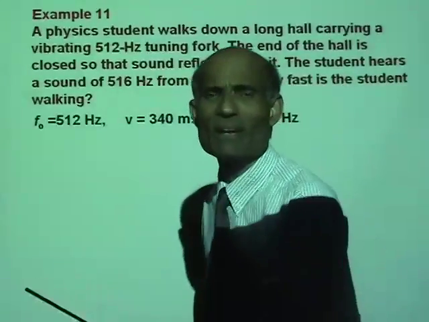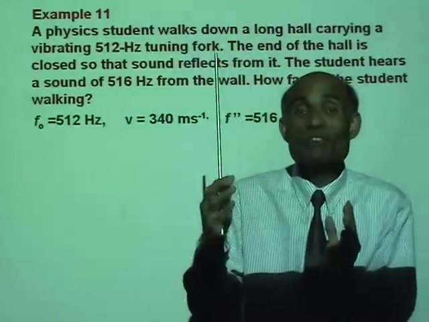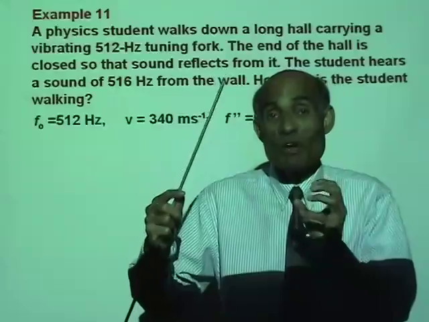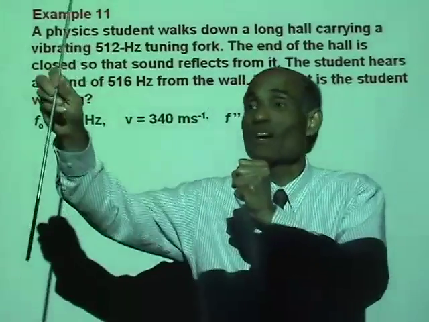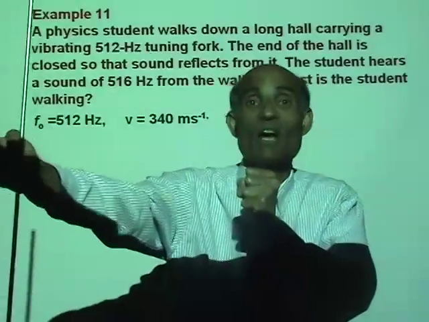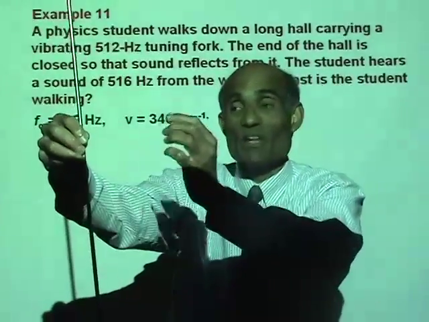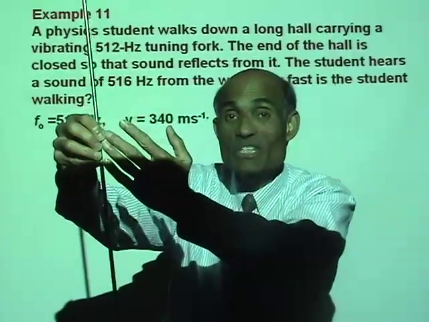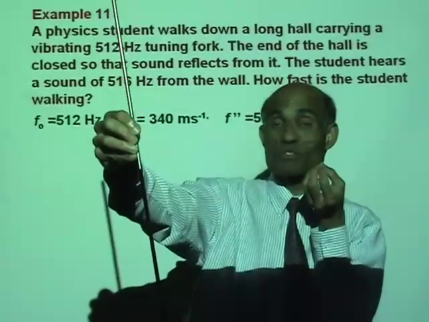What does that mean? You see, this again you need to break it into 2 stages. The first is, there is a source that is moving towards a stationary listener. Who is that stationary listener? The wall.